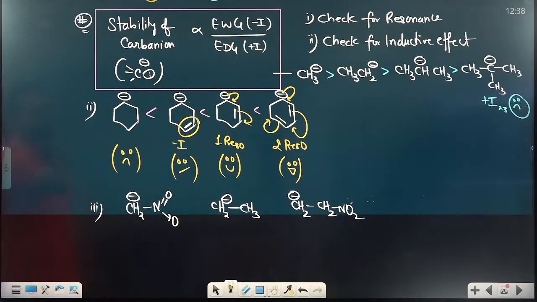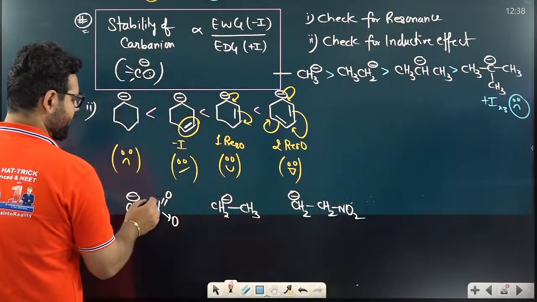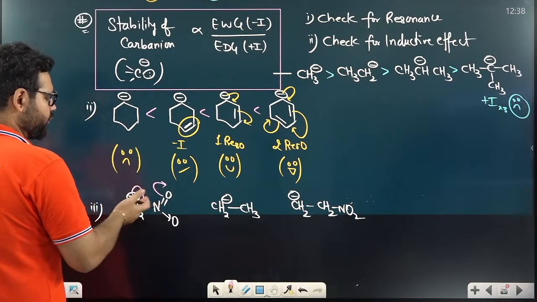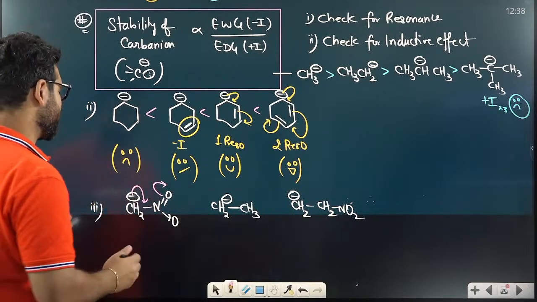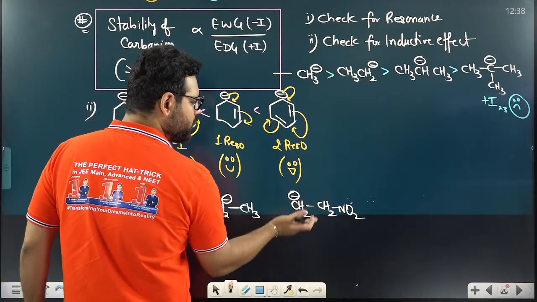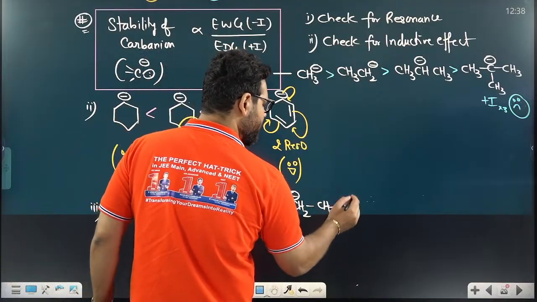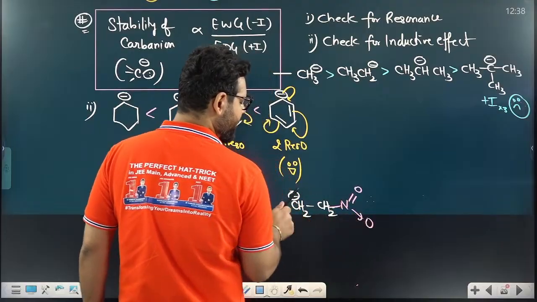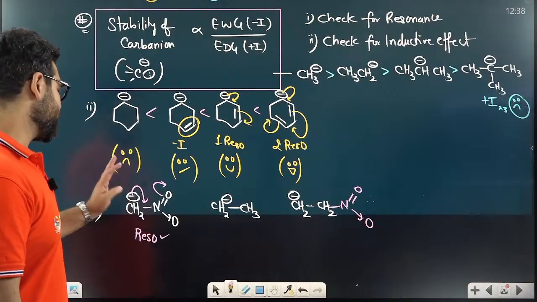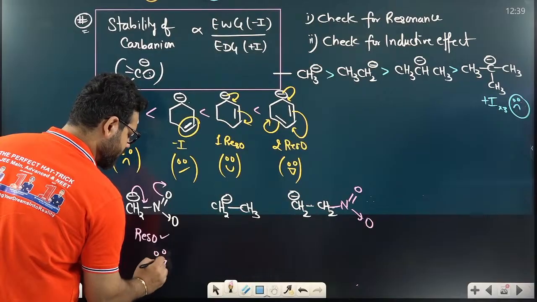In the first one, there is a resonance, minus nothing pi. So yes, the pi bond is going for resonance. And also NO2 has a good minus I, making it very good. So resonance is there. Here, no resonance. Here also no resonance, because this NO2 cannot show resonance as there is no conjugation. Minus nothing, nothing. So the first one is the best. It is undergoing resonance.